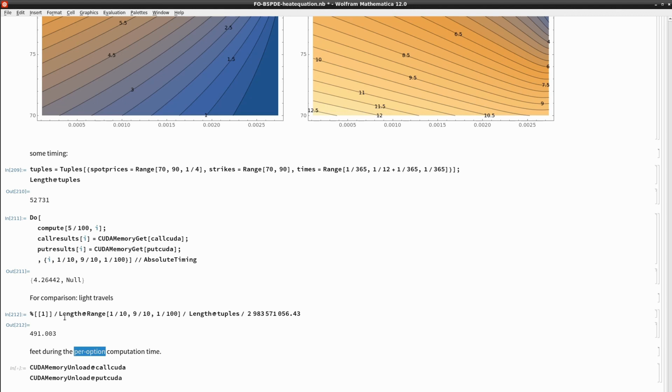If we divide this timing result, those 4.2 seconds, by 91, because we had 91 volatility steps, by the length of the tuples, by 2, because we have calls and puts, and then multiply with the speed of light measured in feet per second, we are getting the number of feet that light travels per computation of one option, right? This is the average per option computation time. So I think this is a quite remarkable timing result. It shows how fast we can be when we are using CUDA for the pricing.